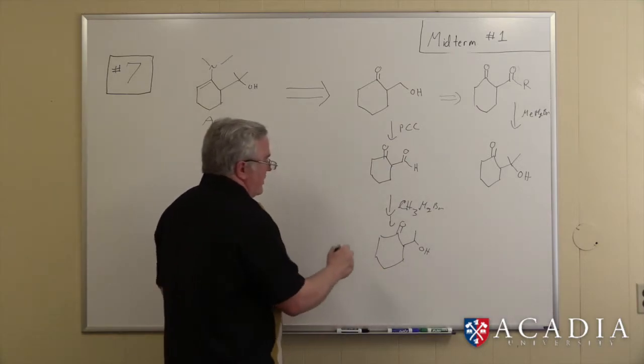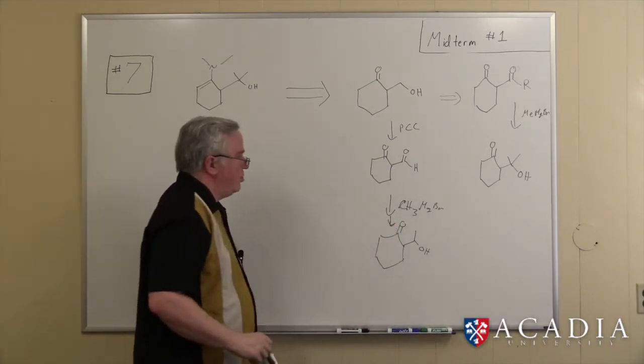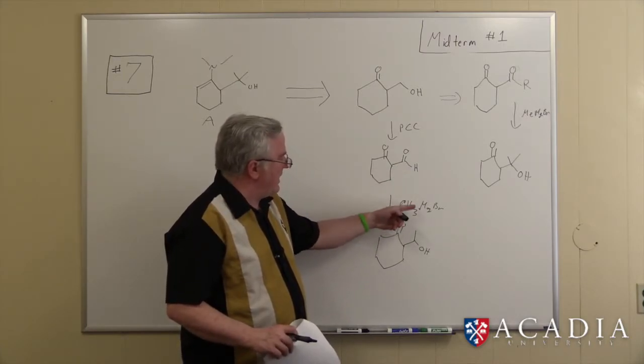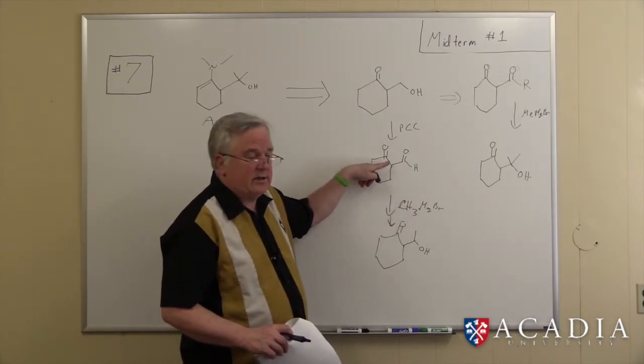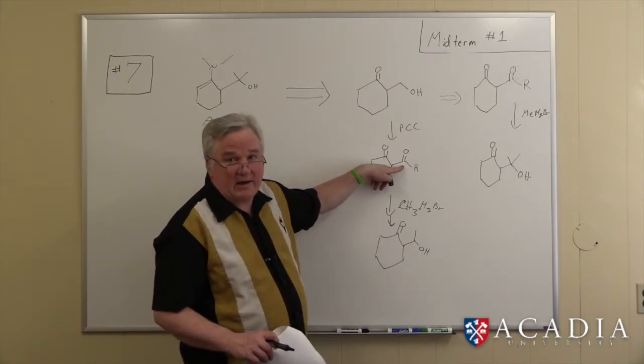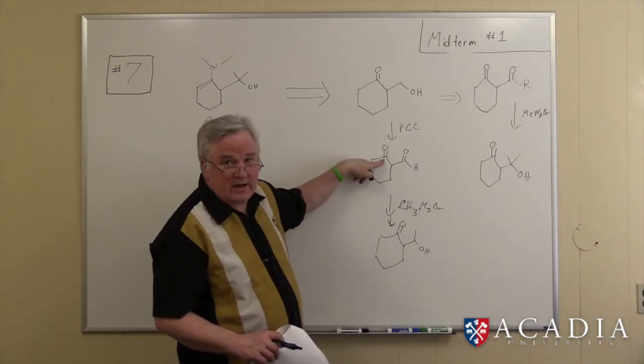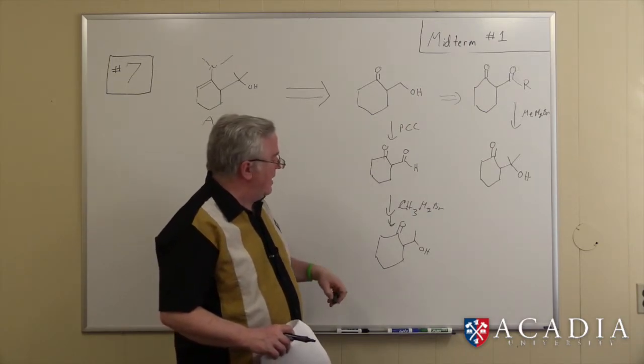We have to work this reaction up and everything. What's our problem? What keeps methyl magnesium bromide from reacting with this carbonyl? Although this is a much more reactive carbonyl compound, methyl magnesium bromide would also react with this carbonyl compound.